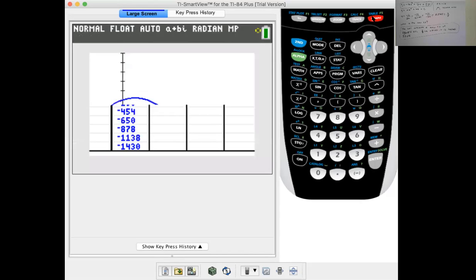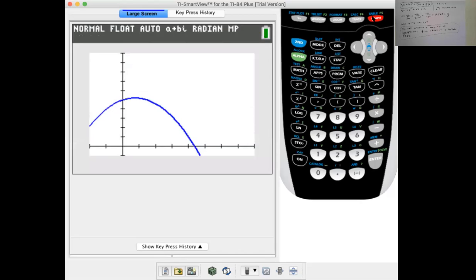Okay, graph it again. What do we have? Each one of these tick marks corresponds to a half. So don't let that confuse you. So beyond 2 seconds is where it seems to hit 0.